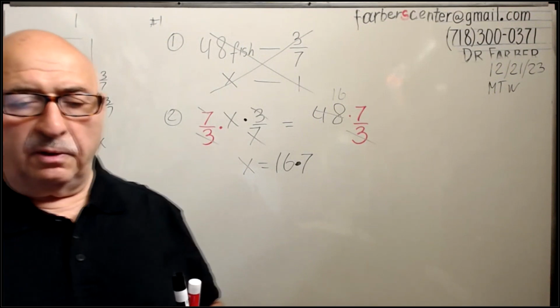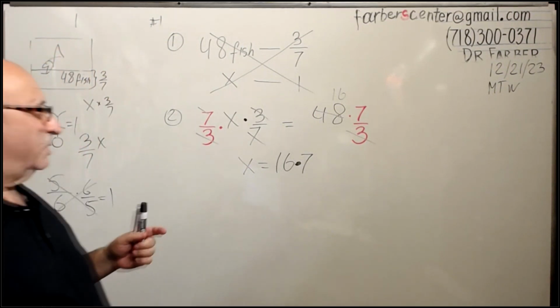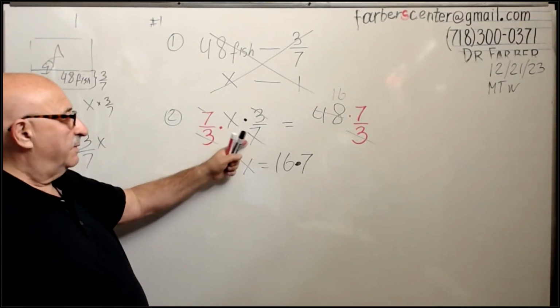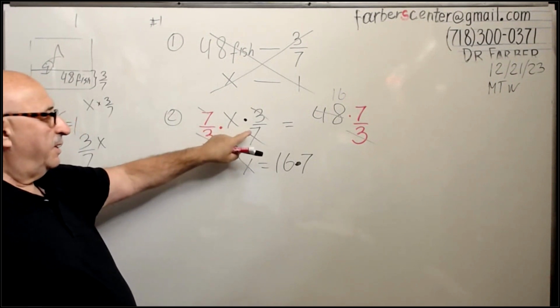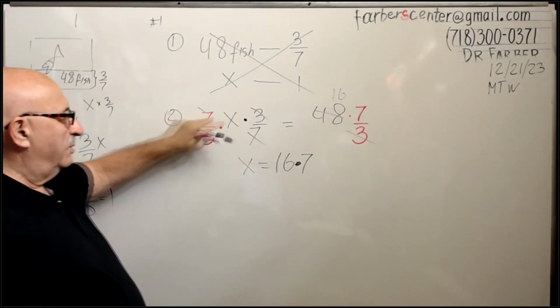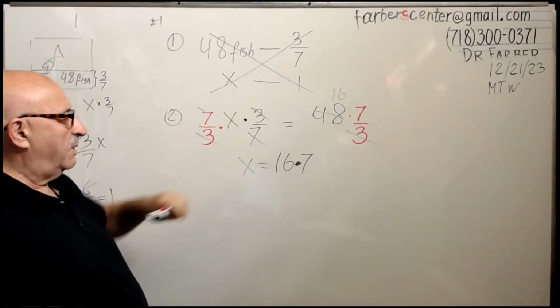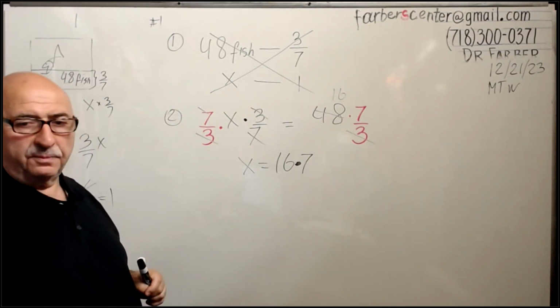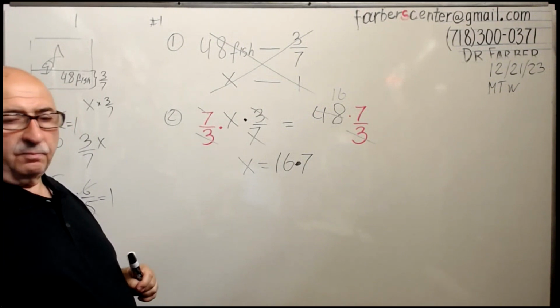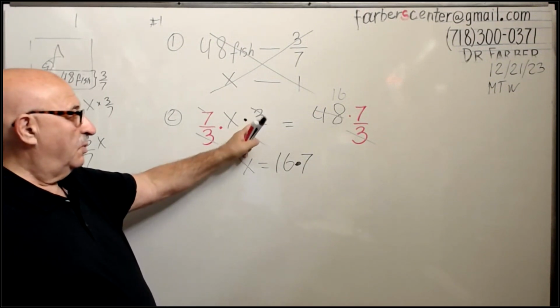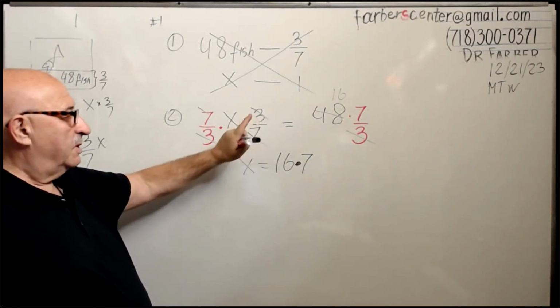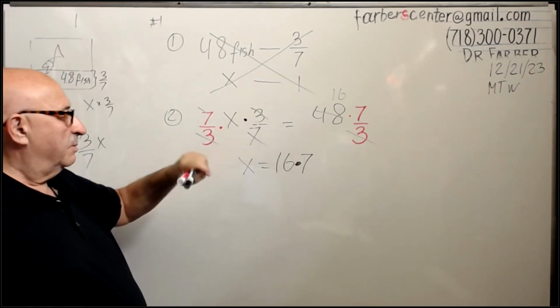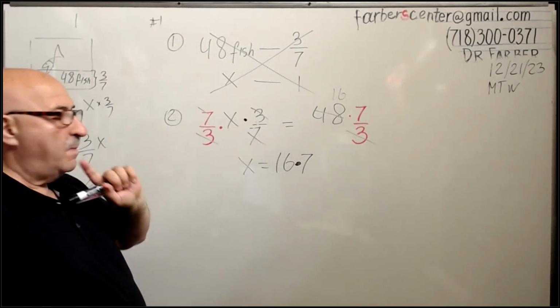And how to get 1 when you have coefficient 3 over 7? I multiply this by upside down. If this is 3 over 7, how to write the number which is upside down to this number? 7 over 3, do you agree?